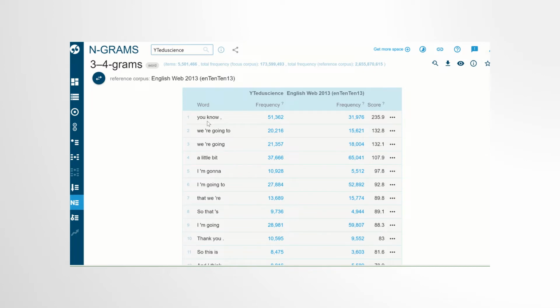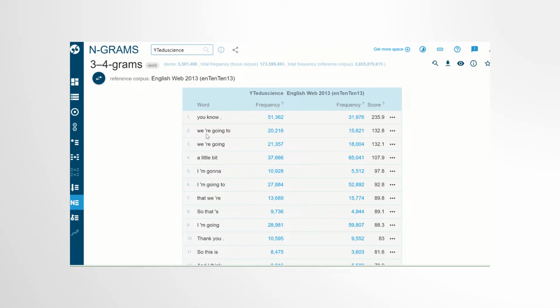Again, we see the similarity with everyday conversation. You know, being a discourse marker response token, again, which is very frequent in conversation.